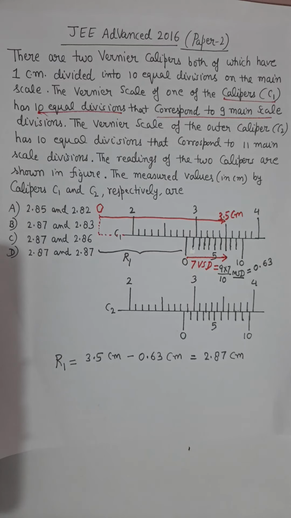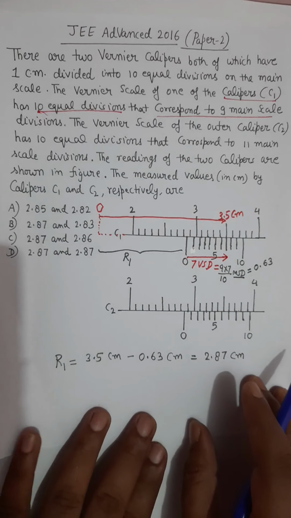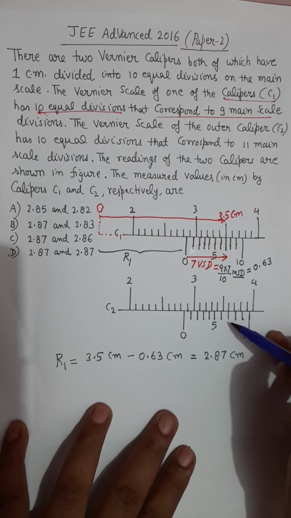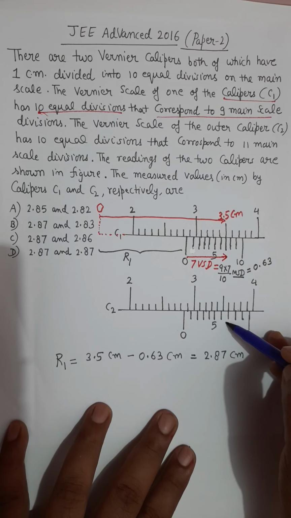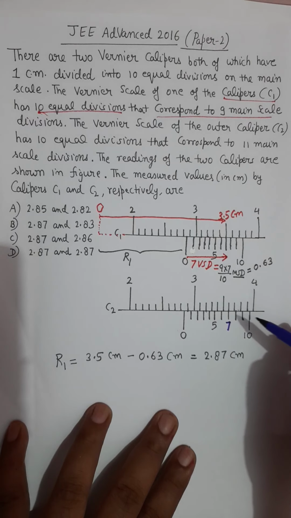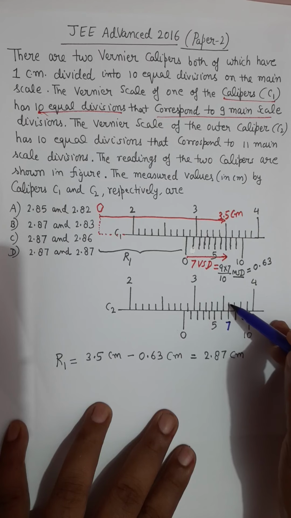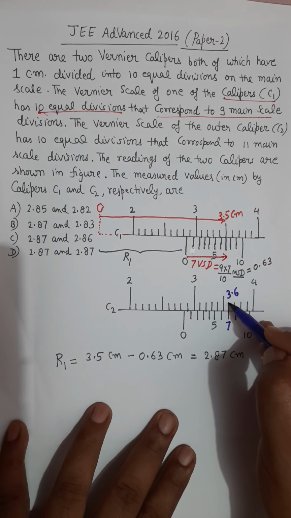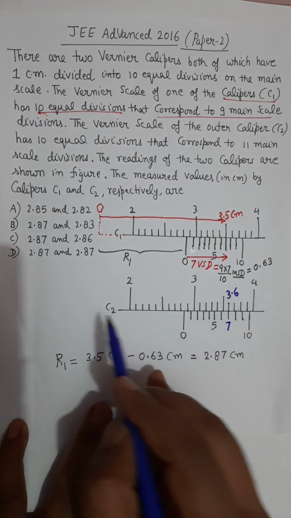Now coming to the second caliper. Again, be careful now. This time, the 7th division on the vernier scale coincides with 3.6 mark on the main scale. The 7th of vernier scale coincides with 3.6 of main scale.